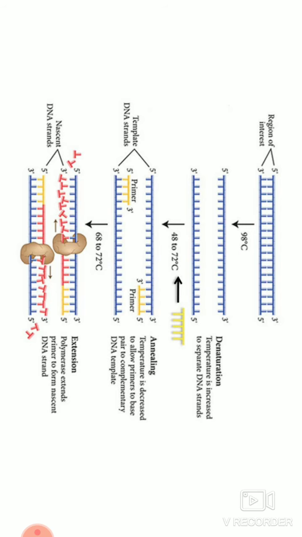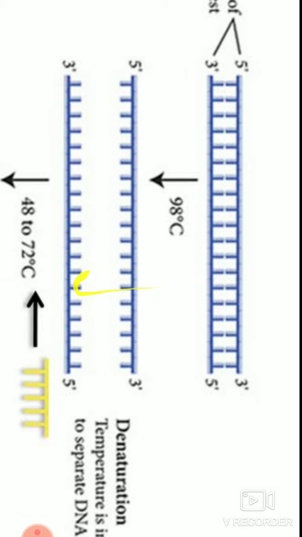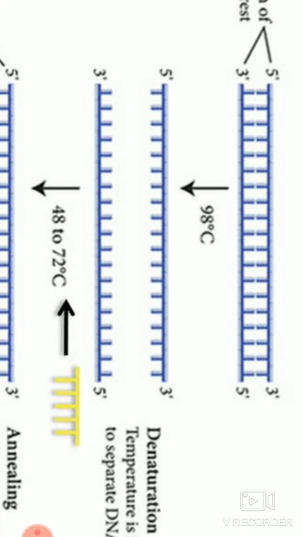The first is the initial denaturation. Initial denaturation involves heating of the reaction to a temperature of 94 to 96 degrees Celsius for 7 to 10 minutes. I have not mentioned it here, kindly write this down as notes.